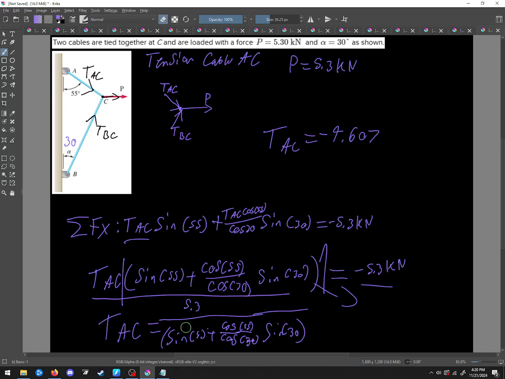I don't know if this should be negative here, or if one of those should cancel it out. But regardless, I guess tension can't be negative, so maybe that should have been negative here, but the answer does equal a positive 4.607. That is the answer. How do you like that?